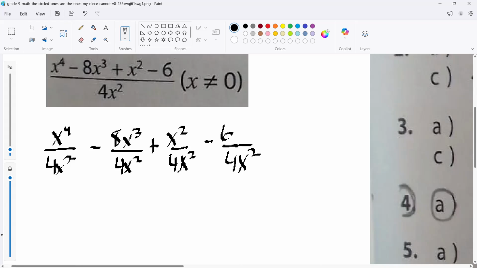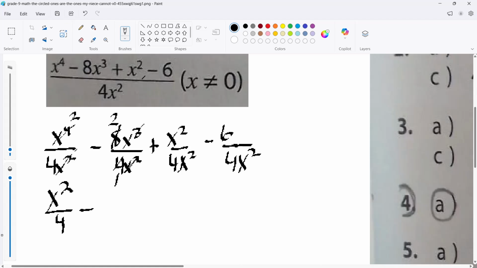And see, x can't be 0 because then that would make the denominator 0, and that is undefined. So x to the 4th over x squared, well, 2 of the powers cancel, so I've just got x squared on top. So the first term is x squared over 4 minus, 4 goes into 8 twice, 4 goes into 4 once. I cancel out 2 of the x squared.